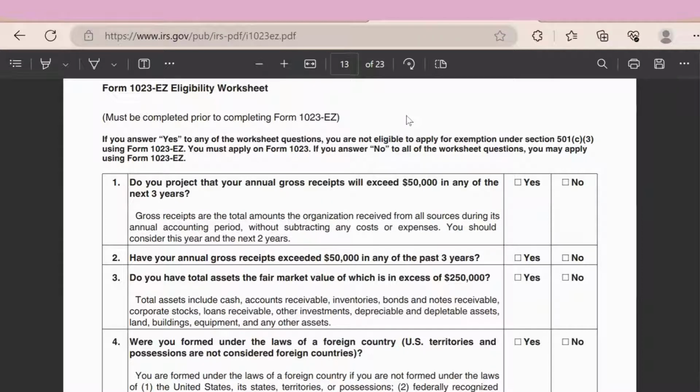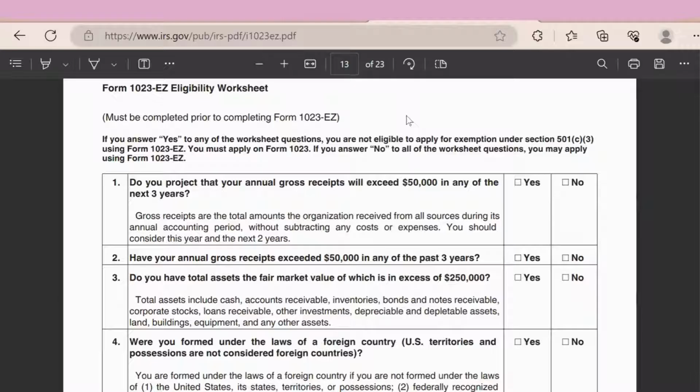If you answer yes to any of the worksheet questions, you are not eligible to apply for tax exemption under 501c3 using Form 1023 Easy. You must apply on Form 1023. If you answer no to all the worksheet questions, you may apply using Form 1023 Easy.